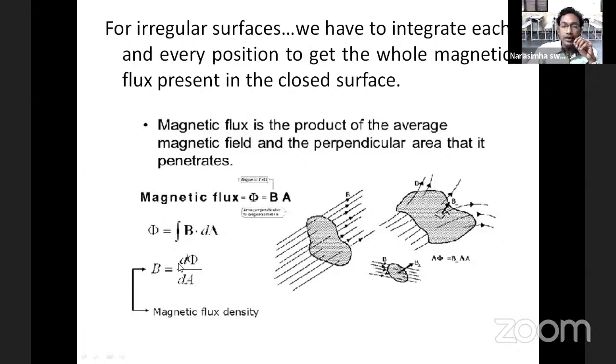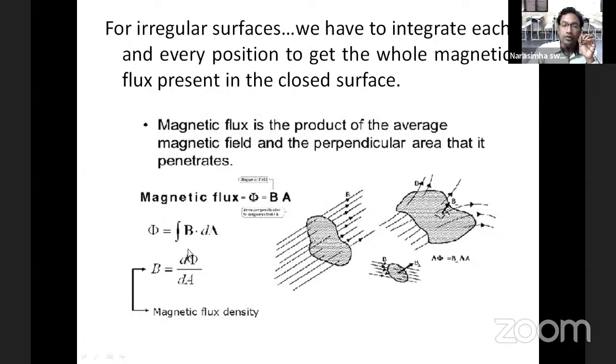I told you dΦ is a small magnetic flux due to the small surface. Identify the terminology here. B is the magnetic field present in that surface area, equal to dΦ by dA.